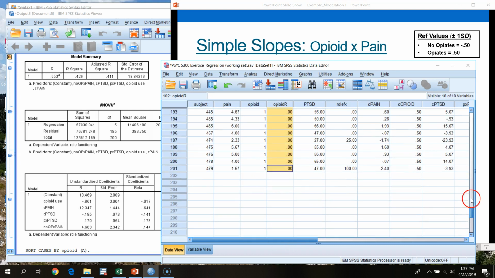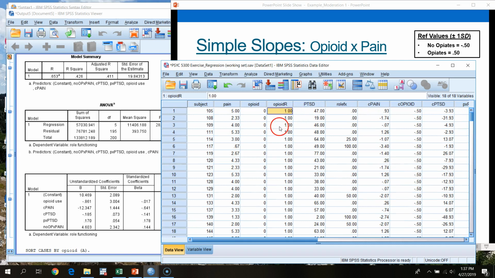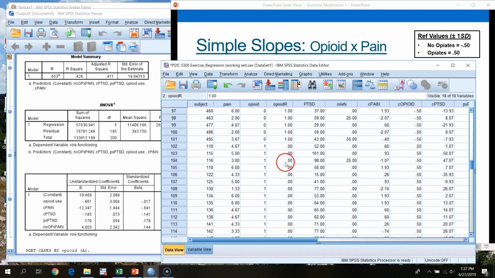Okay, so what I've got now is a new variable, a reverse-coded opiate use variable, where 1 is equal to no use, and 0 is equal to use.